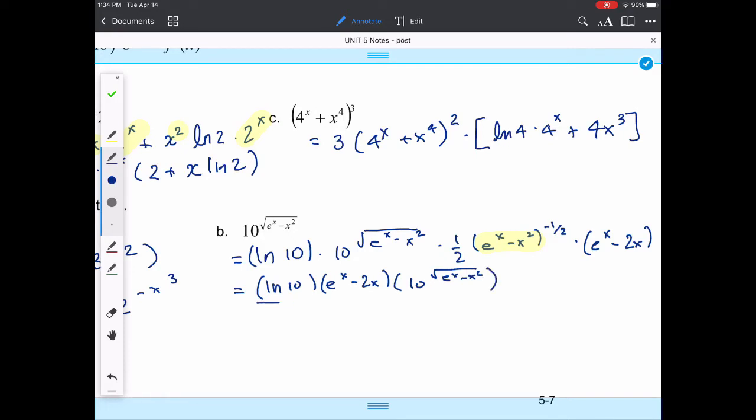And on the denominator, we have the 2, which did not get canceled out. And we have the root, which is e to the x minus x squared, and the square root. I'm looking to see if I can cancel anything out. Doesn't look like I can, so I think we're golden.